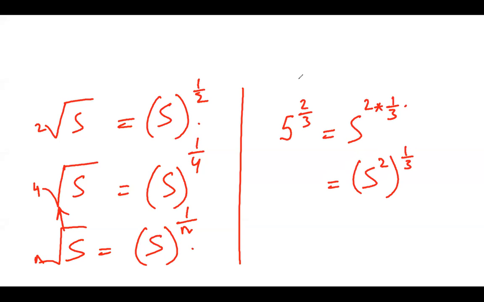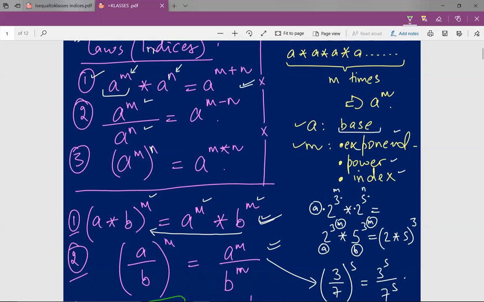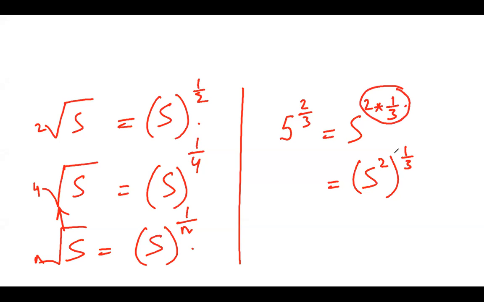I can write this because of this law: a raised to power m, with n outside the bracket, would be equal to m into n. So I'm using this law to make you understand this. So this I can write as 5 square and 1 by 3, which is actually the third root. How do I know this? I know this because I have studied this. So I hope this is also clear.